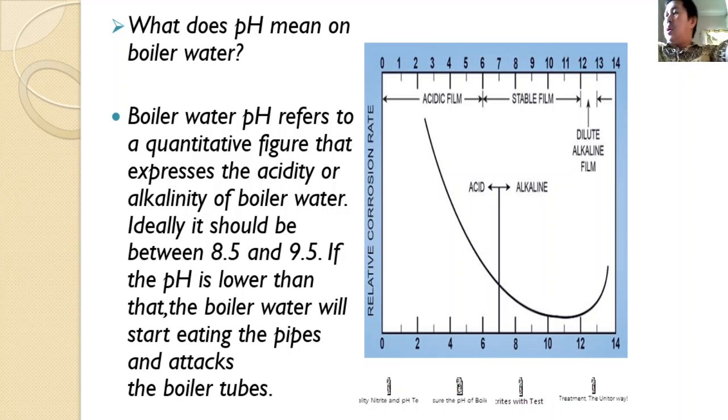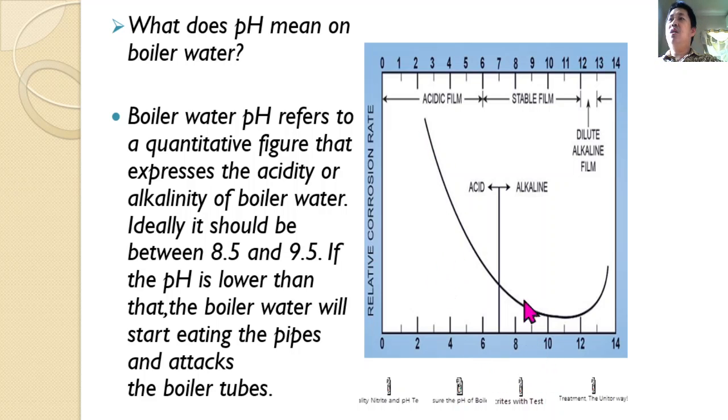So the effect of this acidic condition on your boiler water is corrosion, so pitting corrosion.